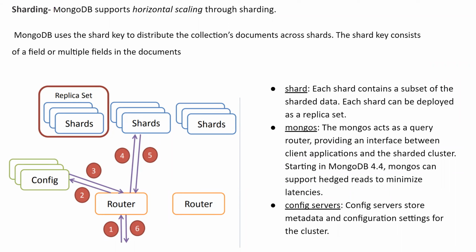But if we query like this, that we need to update some people's information who have status as, for example, immigrants, then we don't know that it would be in one particular shard. That information can be on multiple shards, so it would go to all the shards to update that information.